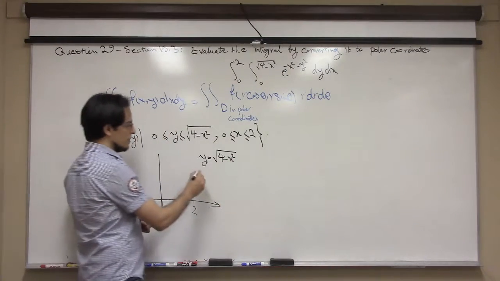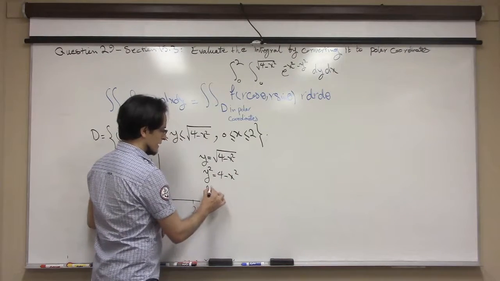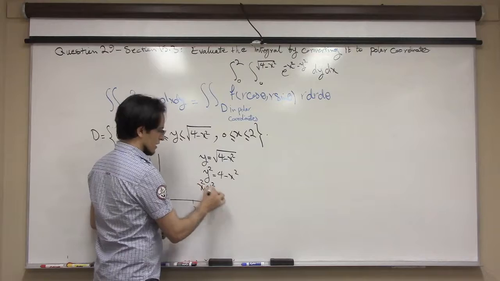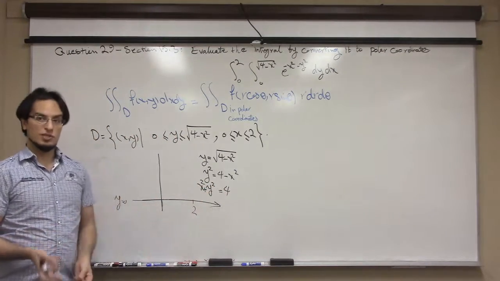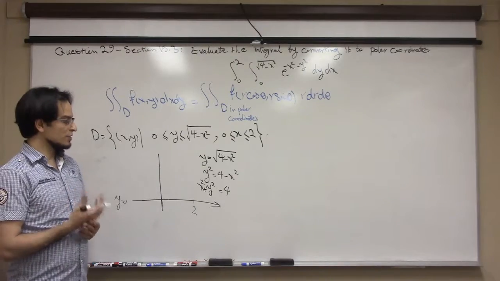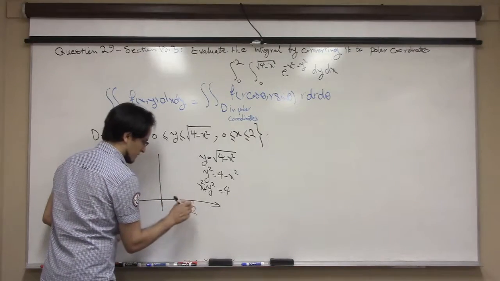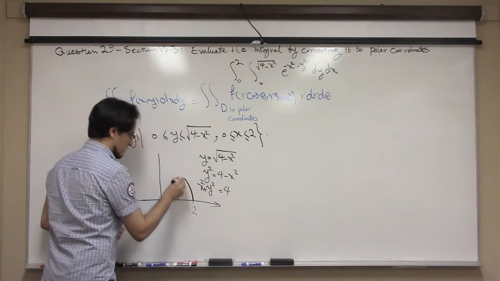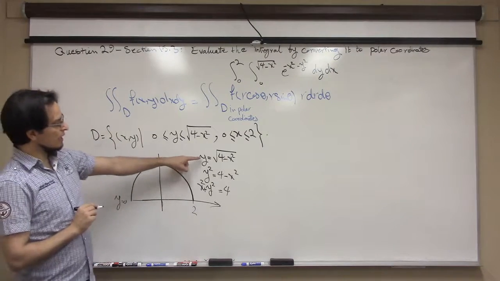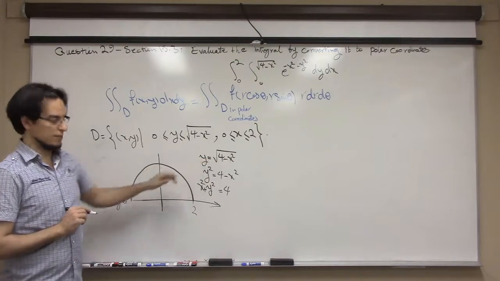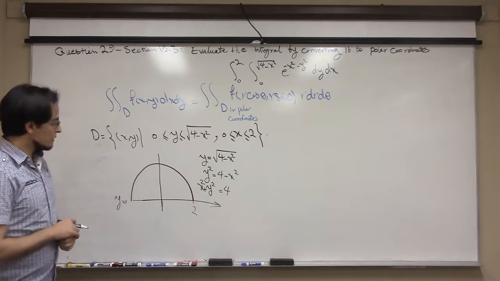If I square both sides and then bring x squared to the other side, I notice that this is the equation for a circle with radius 2 centered at the origin. But it's not the whole circle because y is going to be positive, so it is just the upper semicircle.